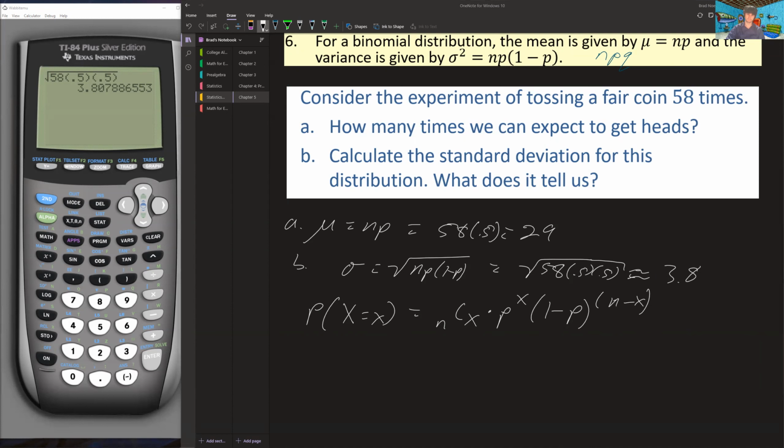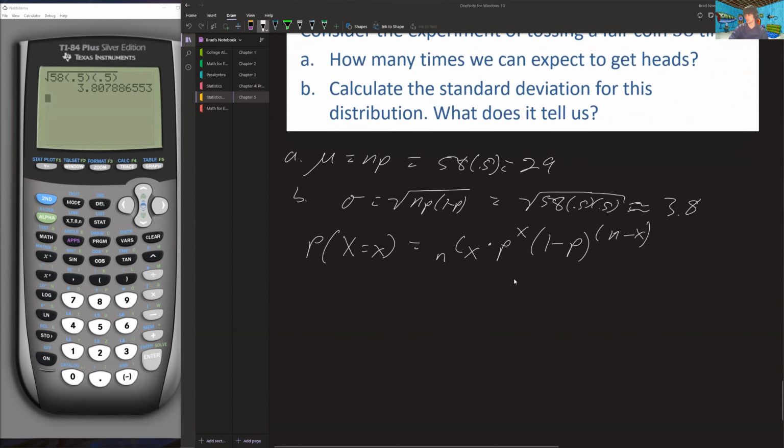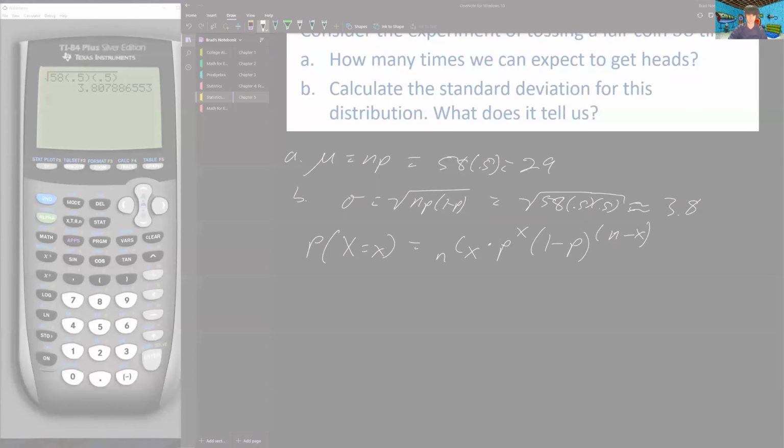Now, this is what the formula is. In general, we're not going to make use of this. We'll just make use of our calculators for it. But let's go ahead and make use of it so that we can show that we are able to do so.